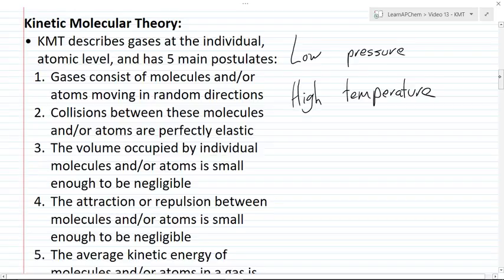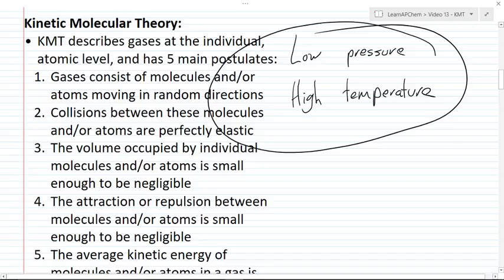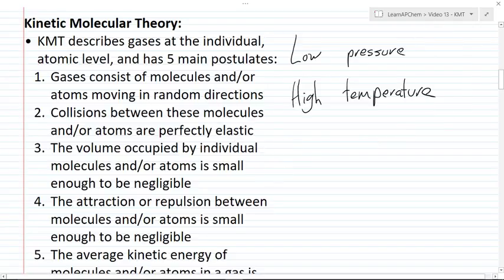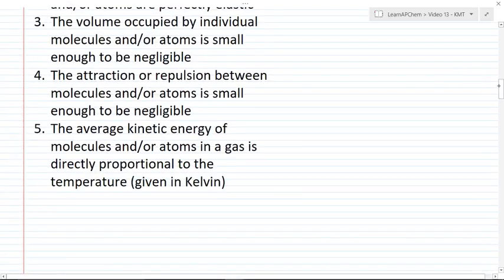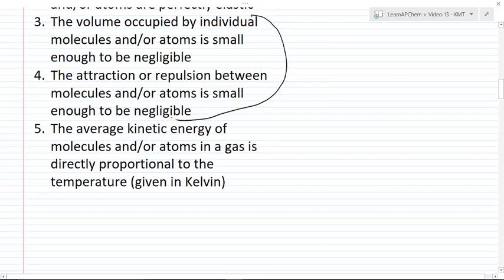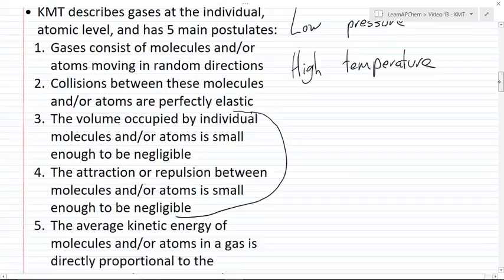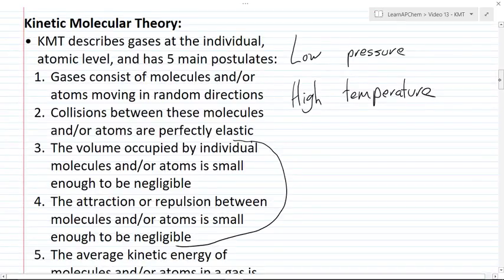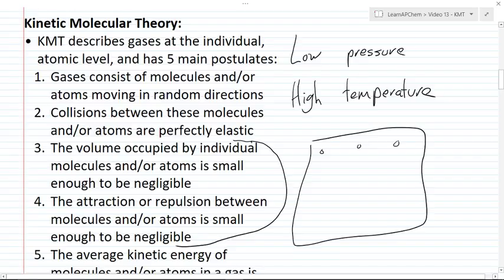So if we go back to this, that it mainly applies to low pressure, high temperature, we want to think about why that's the case. To understand that, I'm mainly concerned about these two assumptions right here. Now, at a low pressure and high temperature, my atoms are going to be spread apart.